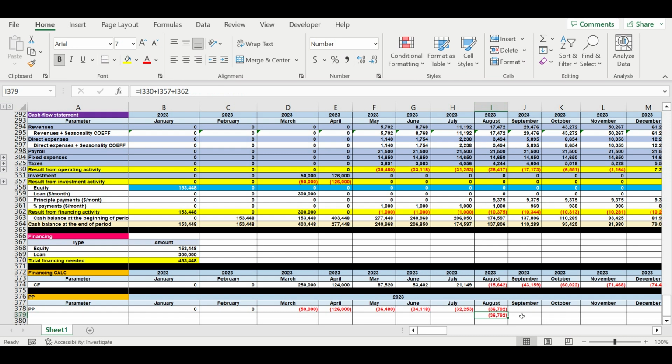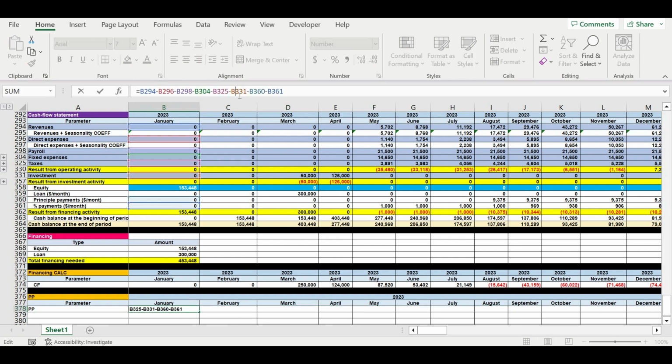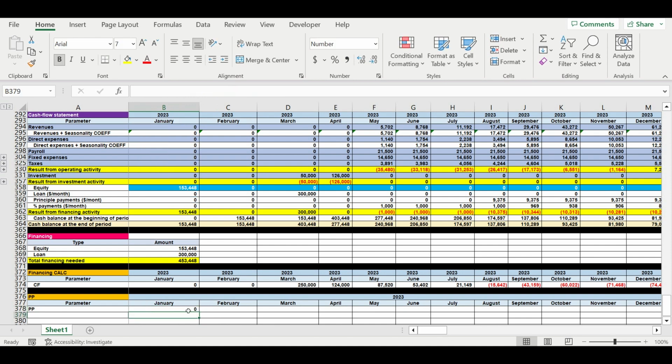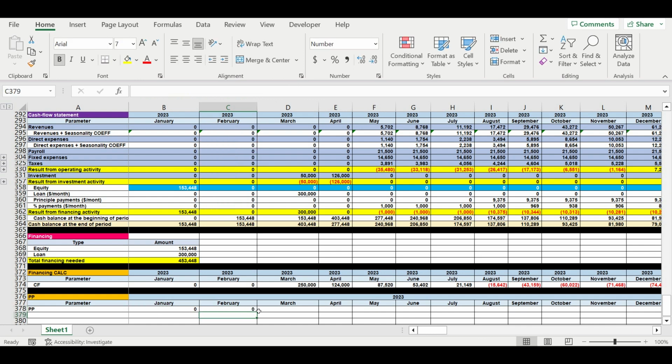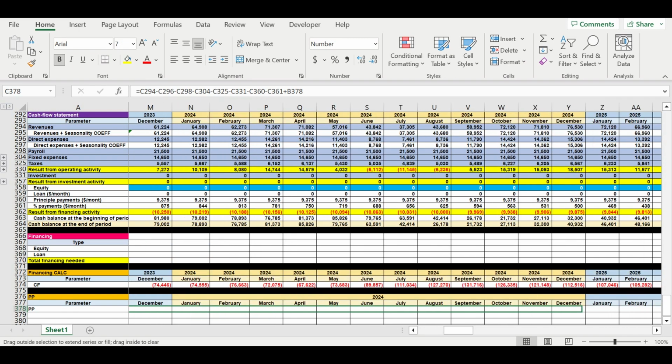You can do it both ways. So let me delete this. Here we have these components inside the formula. Then I'm extrapolating this formula to the right, and here I'm making this formula cumulative, taking also the previous value. Now I'm extrapolating this formula to the right.